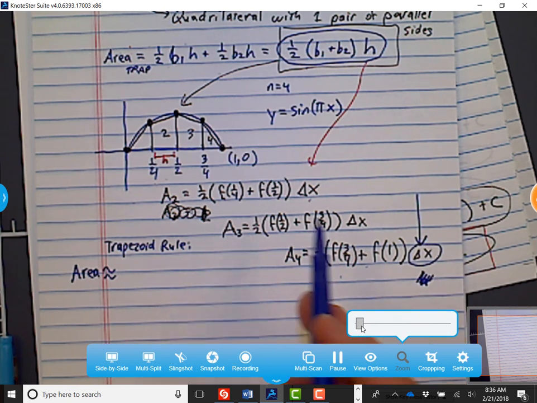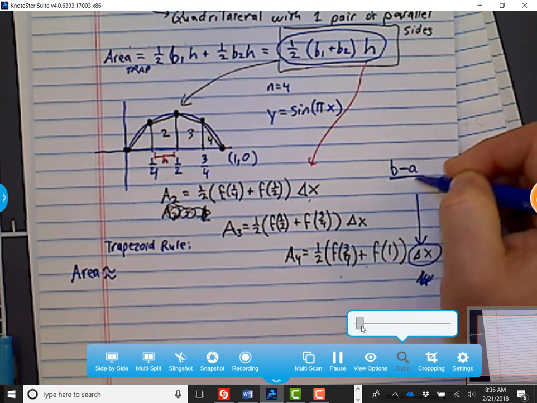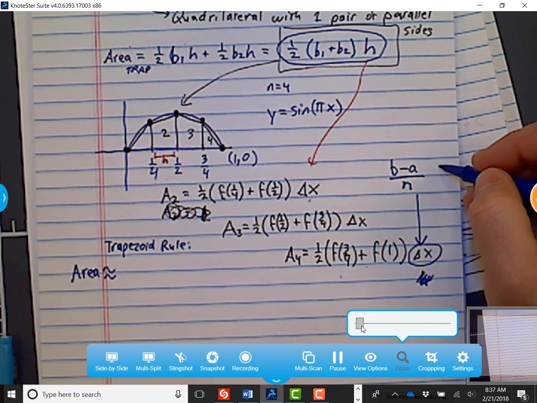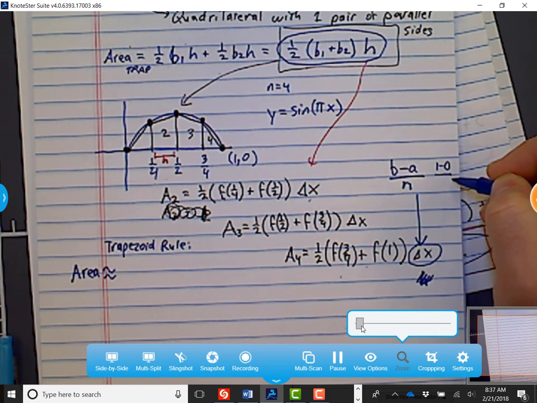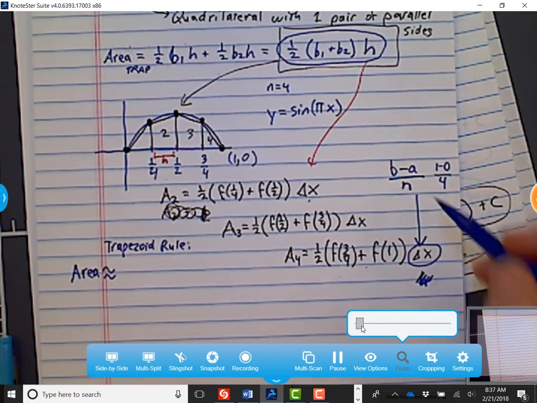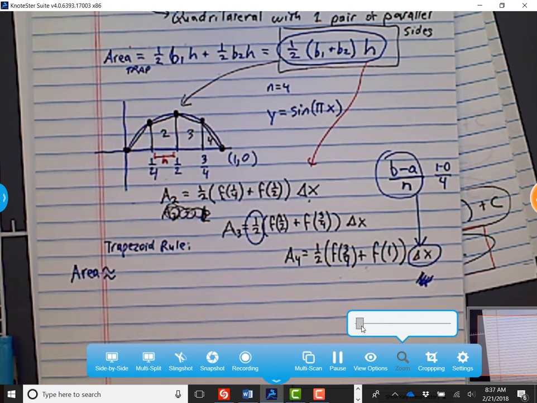Because if you think about it, it's not hard to see that b minus a over n will give you delta x. Do you see that? In my example, what are a and b? 0 and 1. So you get 1 minus 0 over what? Do you see how delta x is always 1/4 for us? Okay? So we're going to get b minus a over n, and we're also going to get this 1/2, always.